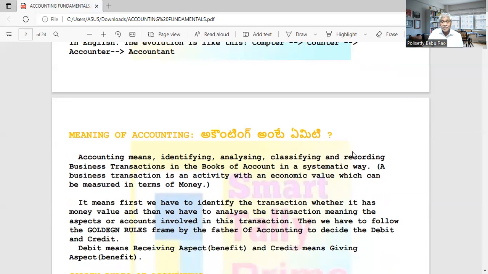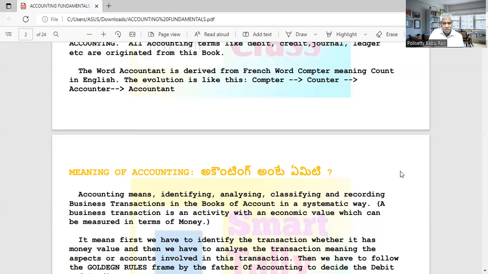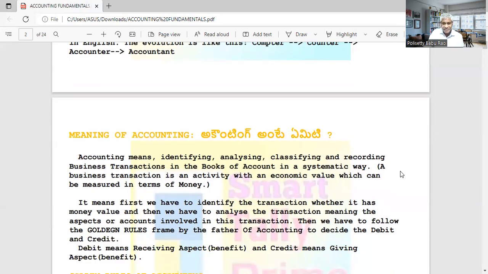In any business, many business transactions will be taking place. Those are called business transactions. A business transaction is an activity with an economic value, which can be measured in terms of money.